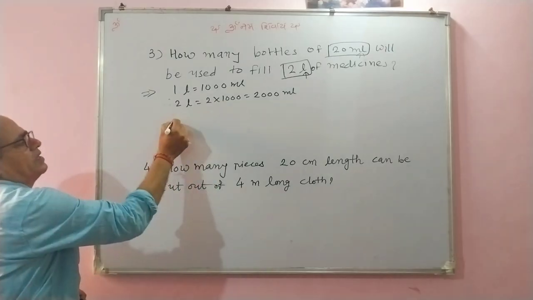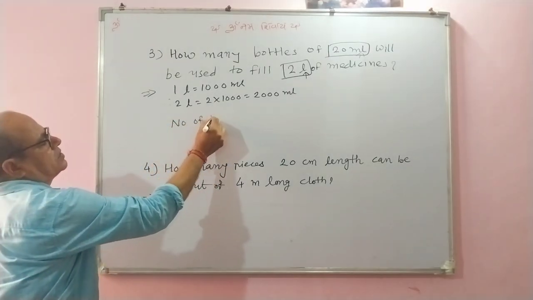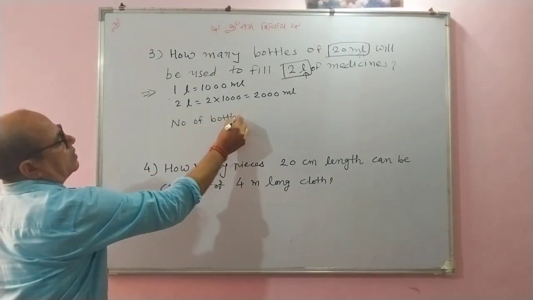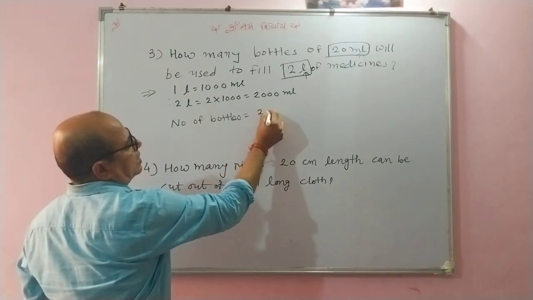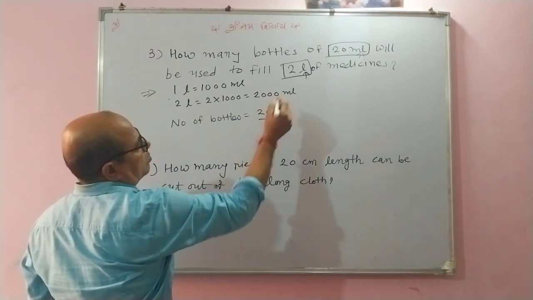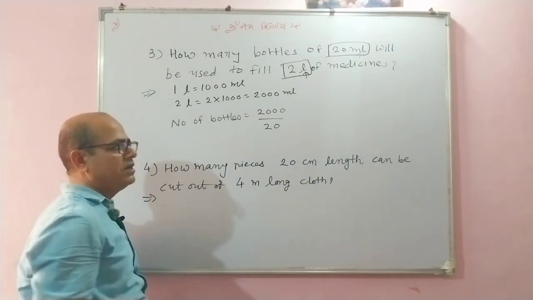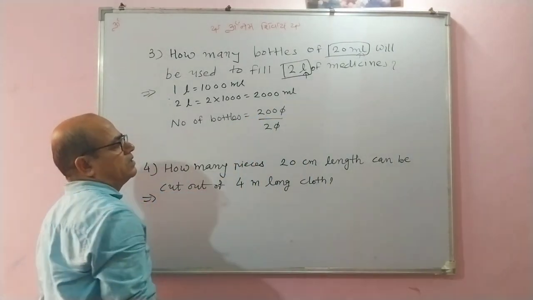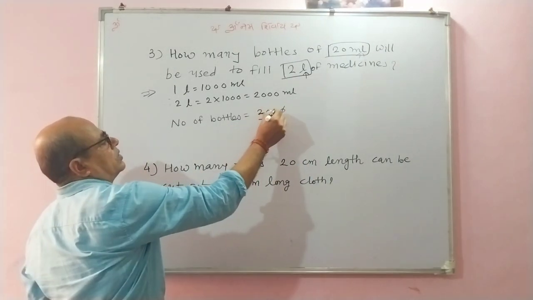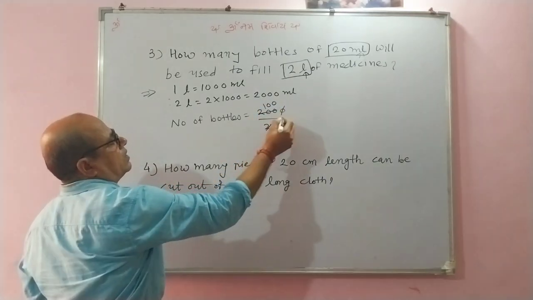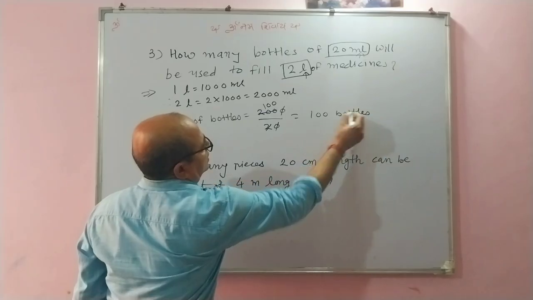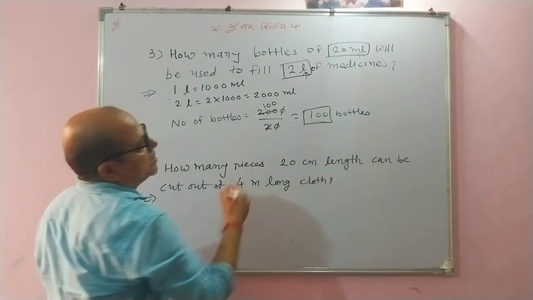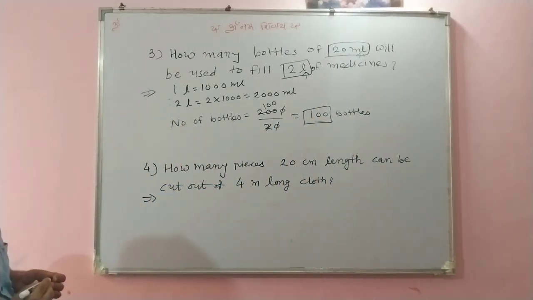So directly we can write number of bottles is equal to total medicine 2000 divided by capacity of bottle 20 ml, right? Now the 0 will be cancelled. 2 twos are 200... sorry, 100. So how many bottles do we need? We need 100 bottles to fill 2 liters of medicine.